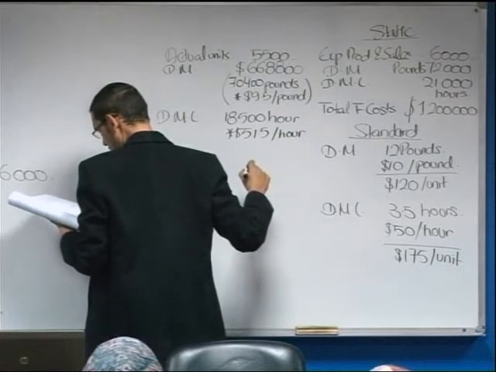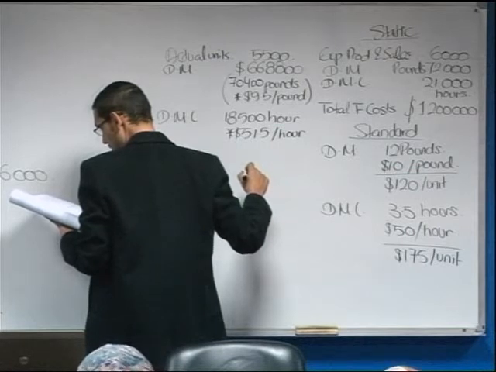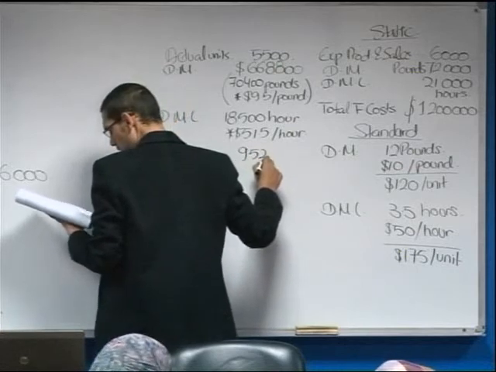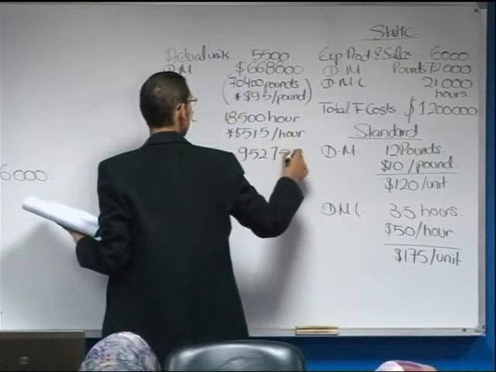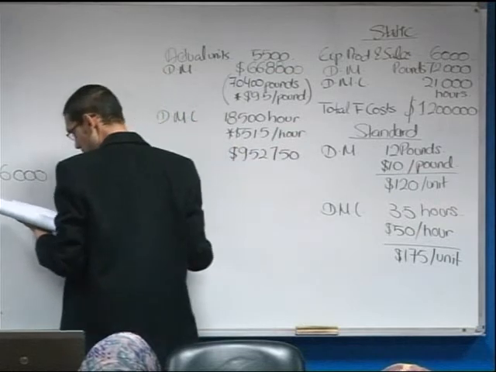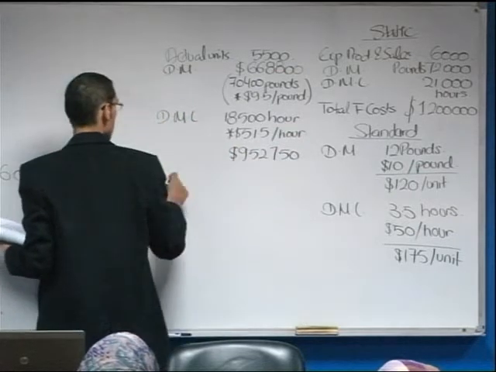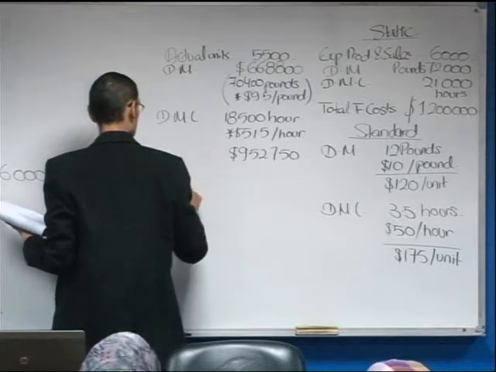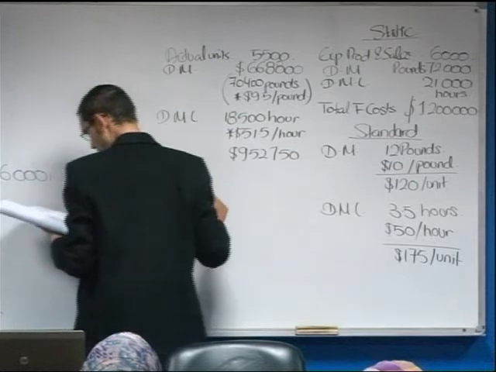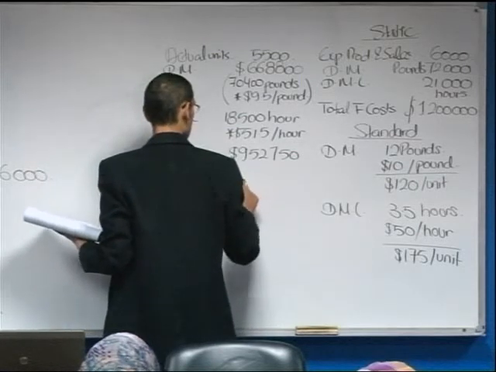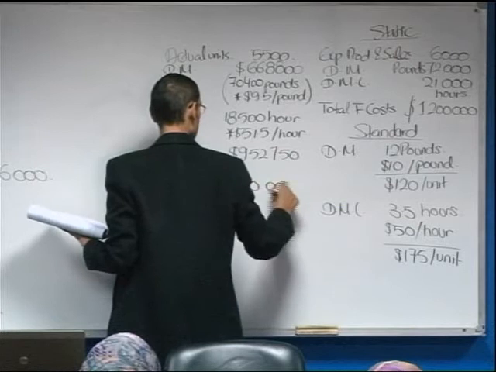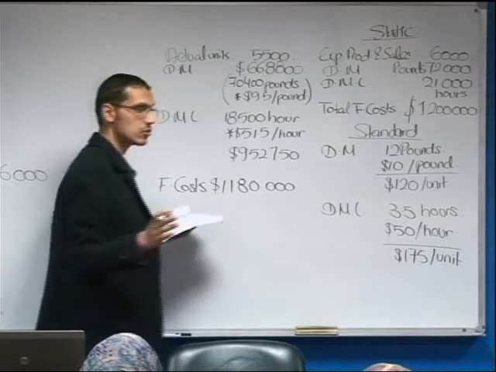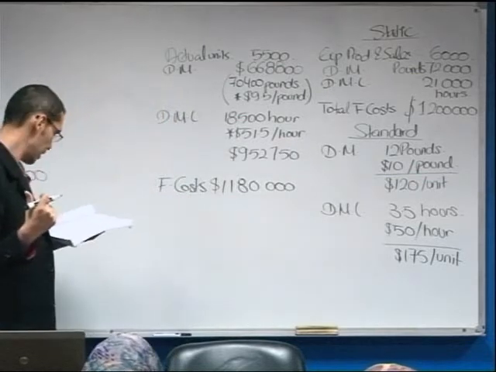As a result, actual direct manufacturing labor costs were 952,750. This is the actual cost. The actual fixed costs is 1,180,000. There were no beginning or ending inventories. The same assumption as in our example.